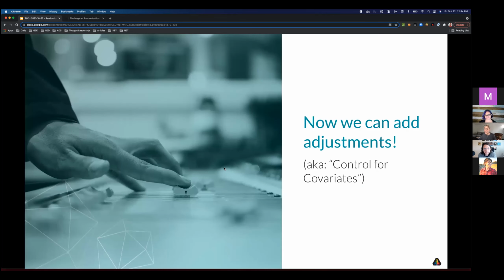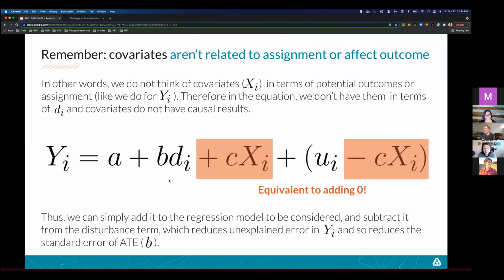Now that we have an idea of regression and how we get our result from it, we want to talk about how you add in adjustments if we have a covariate that we want to take into consideration in our results. So going back to our simple equation to start, these pieces here, what we end up doing is adding 0 to our equation, which again, I love math. This seems like magic to me. I think it's so cool that you can do this.